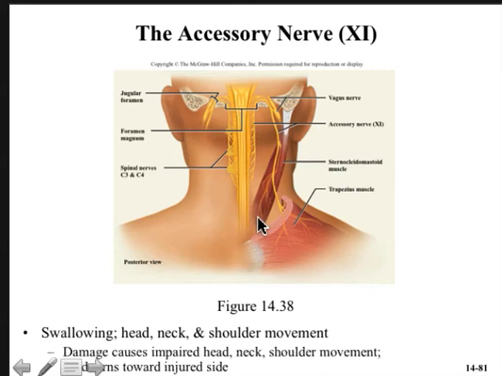Damage causes impaired head, neck, and shoulder movement, and your body will tend to turn towards the injured side.